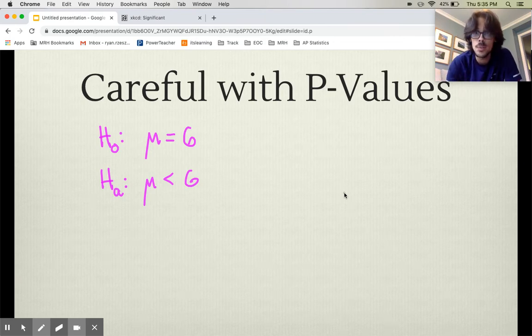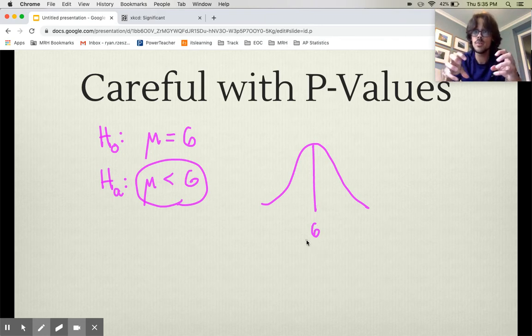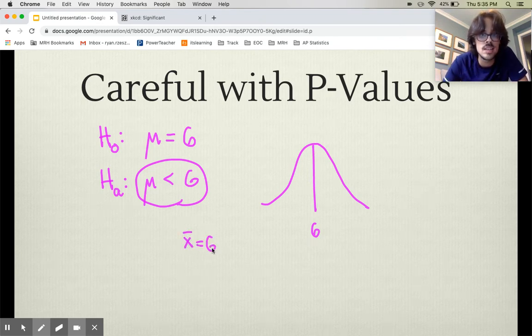Because let's talk about what that means. If I'm doing a problem where I'm looking at the average sub length, I think the average is actually 6, and I'm looking for evidence that the average is actually less than 6. Let's say I take a little sample of subs, I find their average, and my x bar in the problem was like a 6.2.